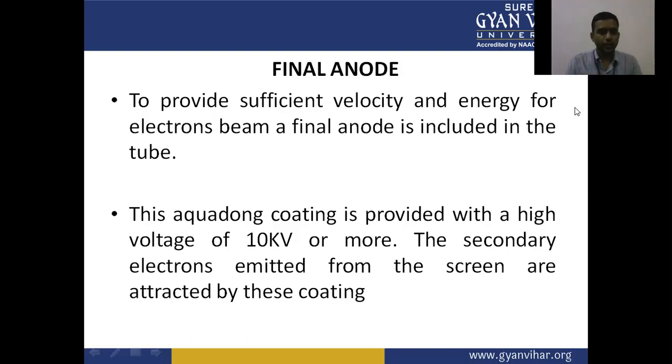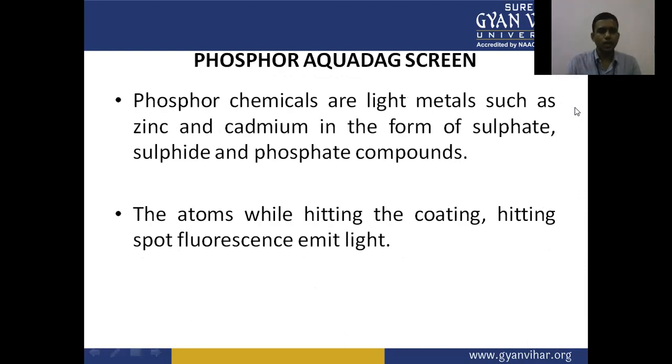The secondary electrons emitted from the screen are attracted by this coating. Phosphor screen. The phosphor chemicals are light metals such as zinc and cadmium in the form of sulfate, sulfide, and phosphate compounds. The atoms, while hitting the coating, hitting the spot, fluoresce and emit light.